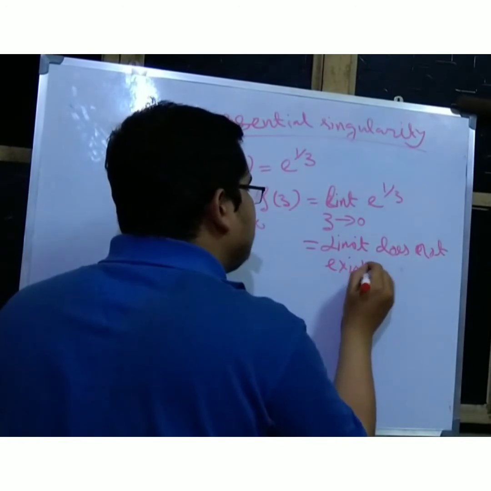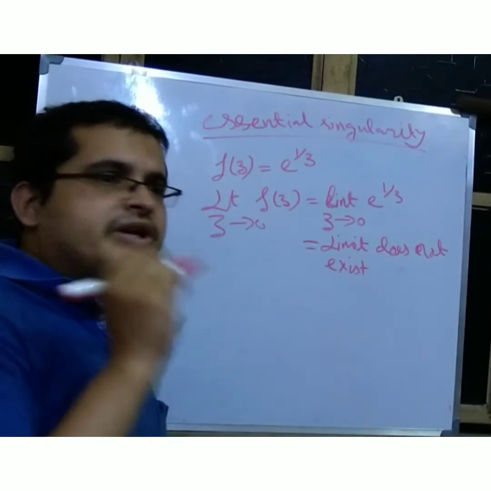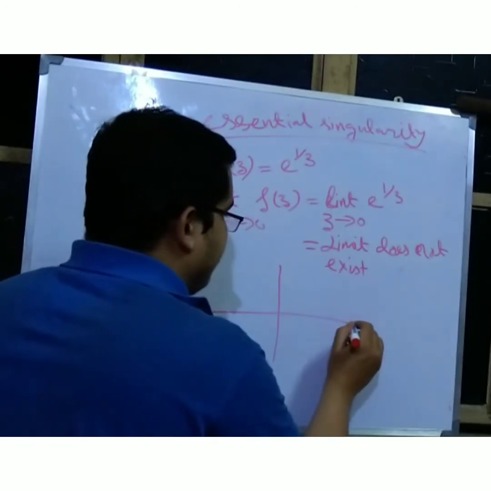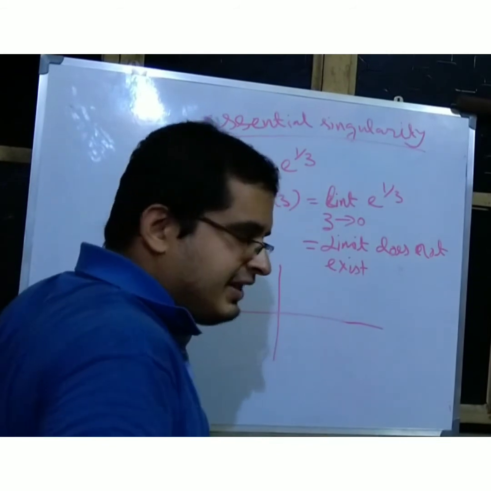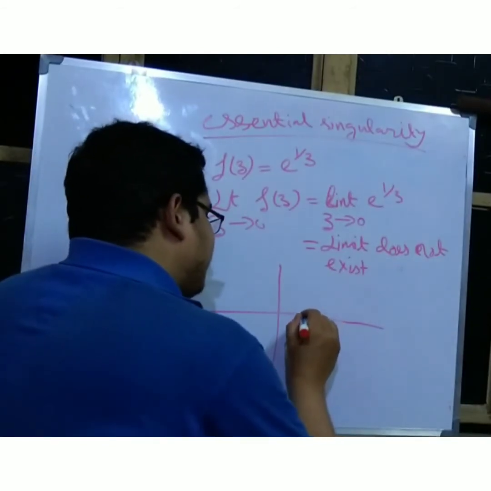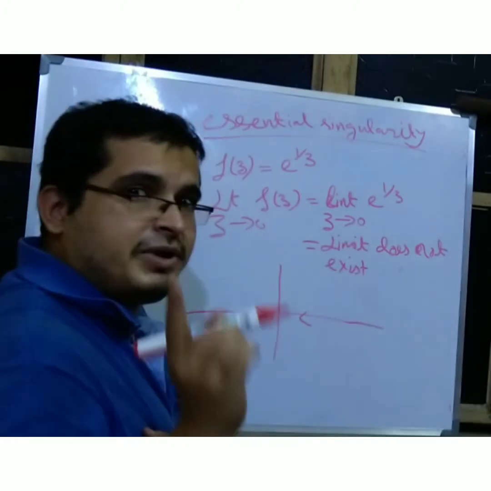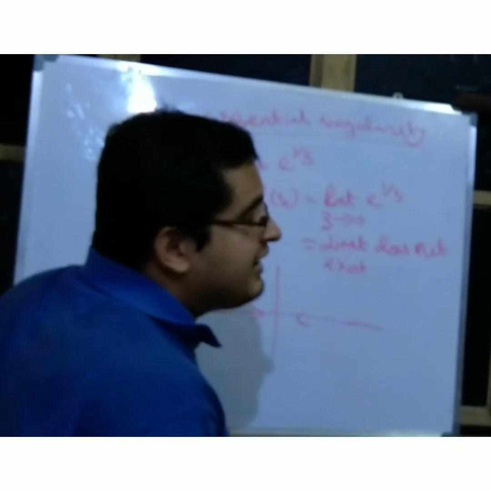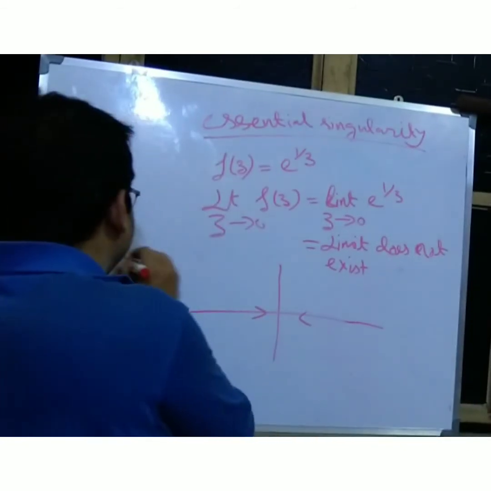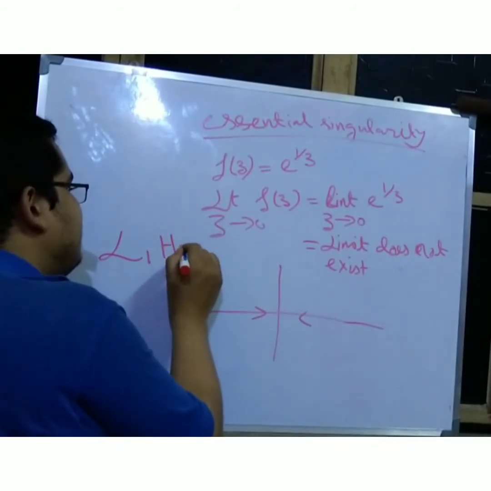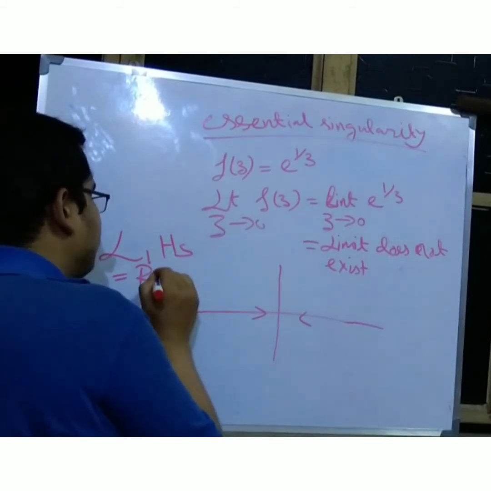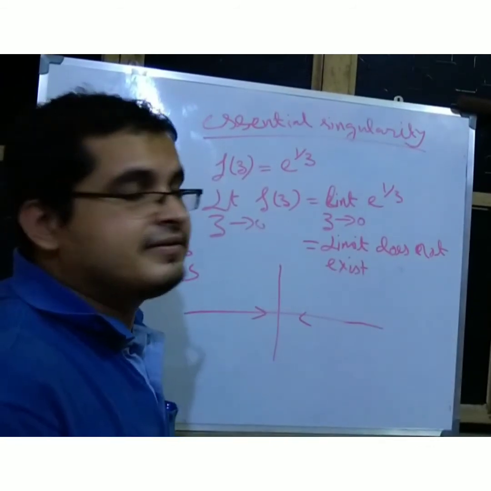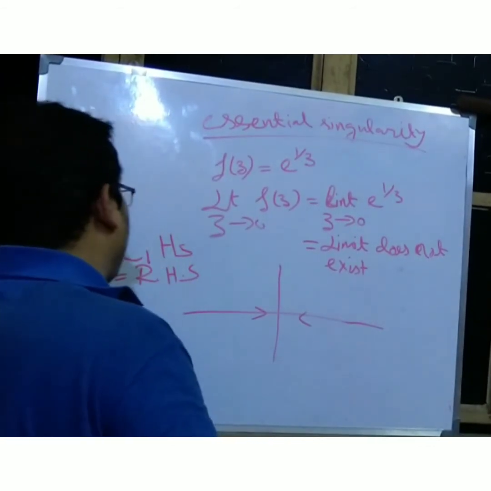What is the meaning of the limit does not exist? In real analysis, we see the left hand side and right hand side. When the left hand limit and right hand limit are equal, then we can say the limit exists, means LHS equals RHS. But here it is the complex plane.